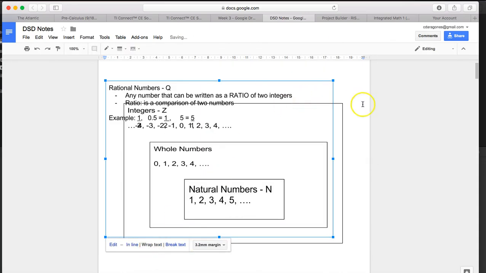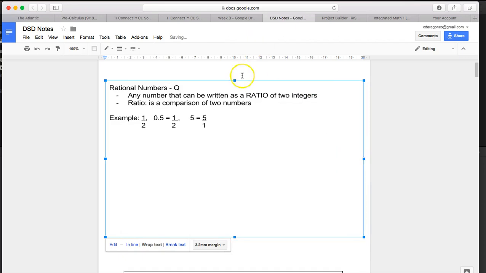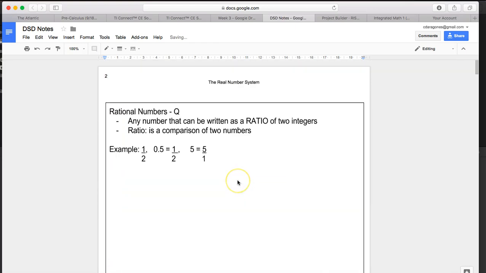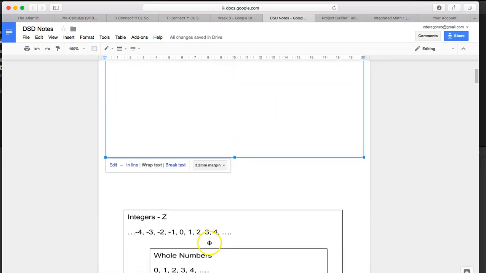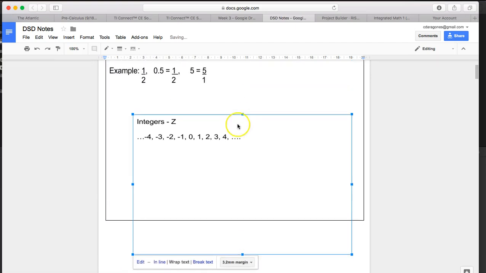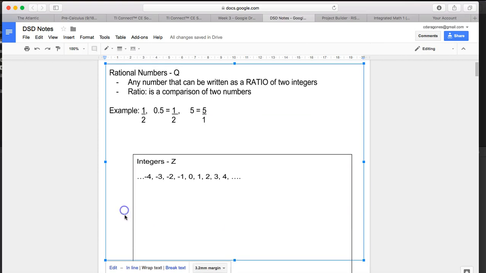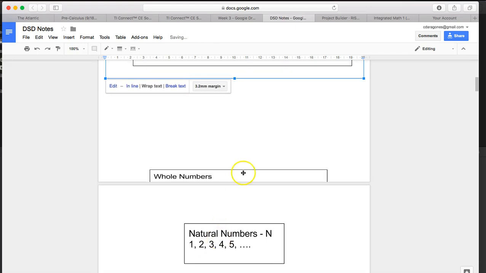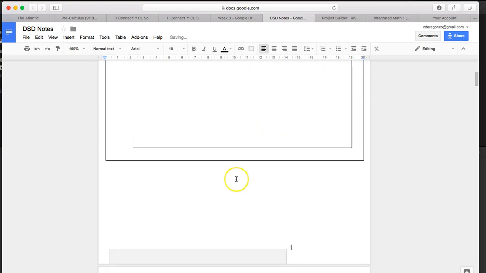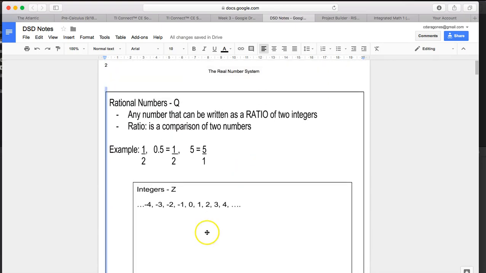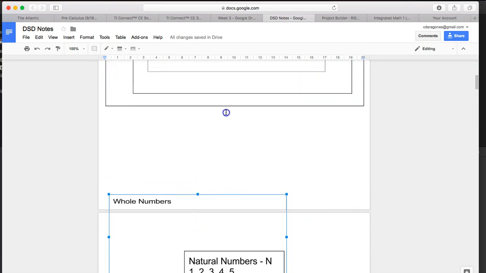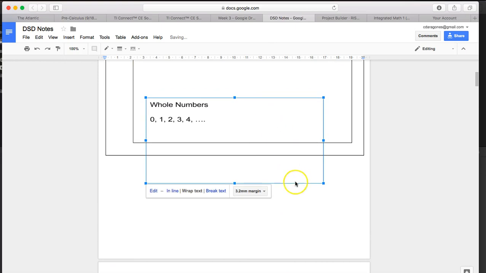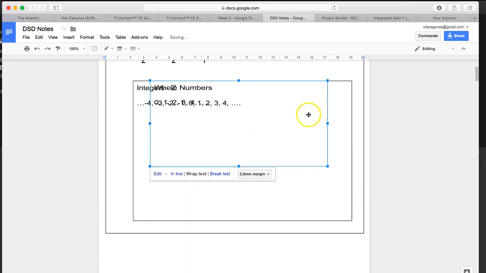So that's the third bucket. I'll let you catch up on your notes. Make sure you have all of these in your notebook. Make sure that it's all organized here.